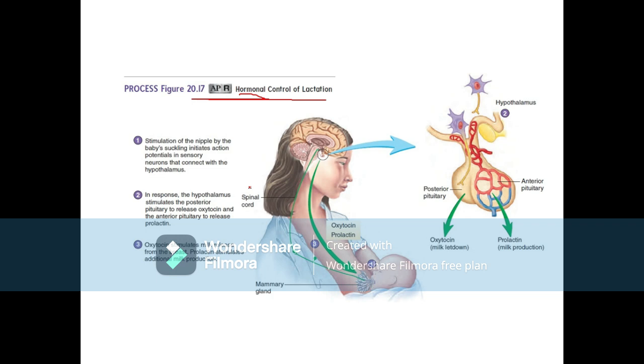Also, the stimulation of the nipples during suckling causes a surge of oxytocin. So more oxytocin is released from the hypothalamus, causing expulsion of accumulated milk by stimulating the myoepithelial cells. When they are exposed to oxytocin, they contract, thereby expelling milk out of the breast. That is the milk letdown reflex.